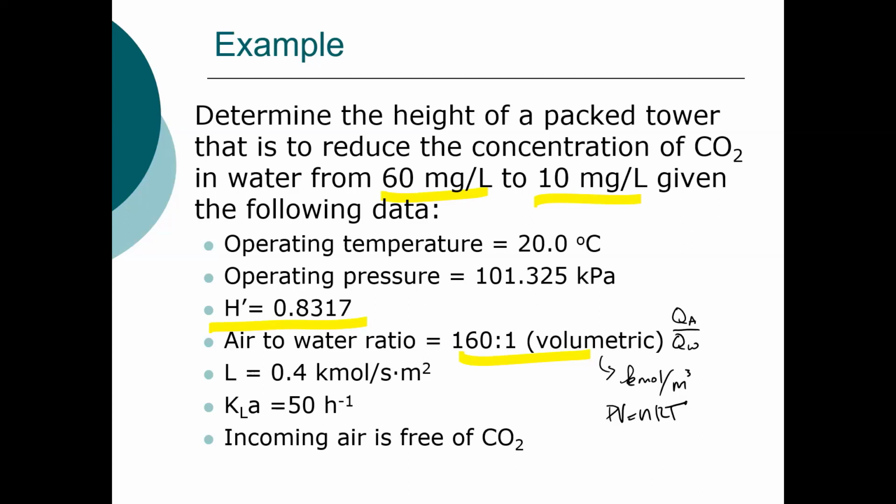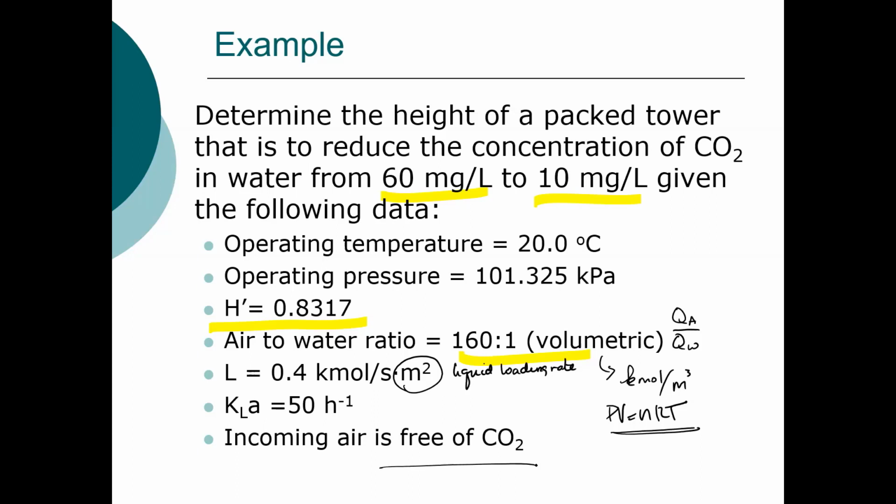So we can use the volumetric flow rate ratio here. Can't use a mass flow rate because that's not the case, but we can use a volumetric flow rate. And you're given L. L is our liquid loading rate. And notice it's per surface area of our column, and a mass transfer coefficient.